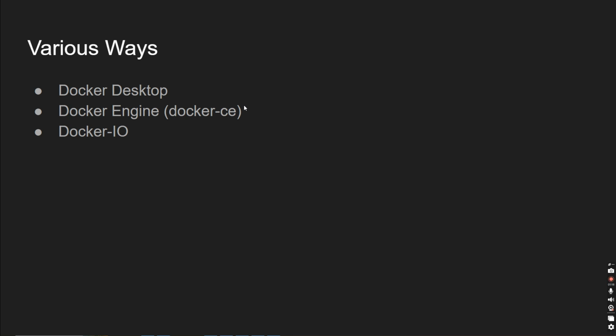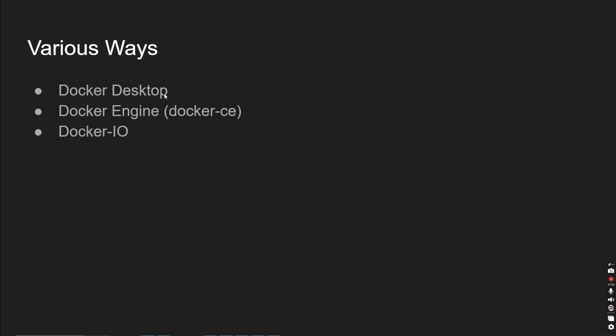If you are using the server version of an operating system, then you will have to go with either Docker Engine or docker.io. Docker Engine and Docker Desktop are both provided by Docker Inc., the company at docker.com, and you can see all these details on the website. Docker CE is the Community Edition.